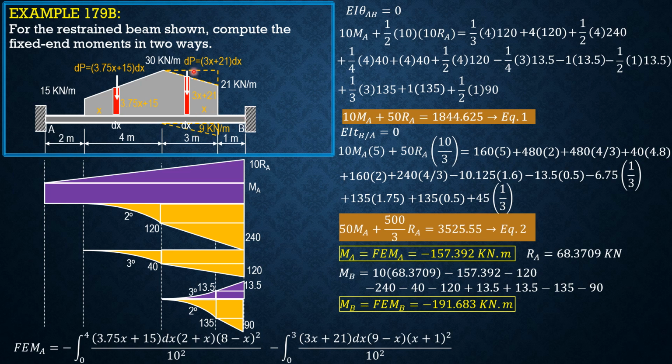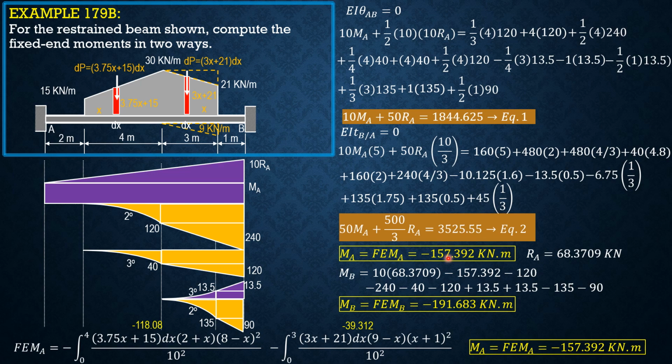So integral of 3x plus 21 dx times 9 minus x times x plus 1 squared over 10 squared, from 0 to 3. The value of this integral is negative 118.08, while this integral is negative 39.312. Combining, fixed moment A equals negative 157.392. It's the same as that.